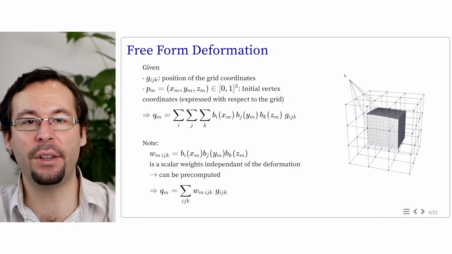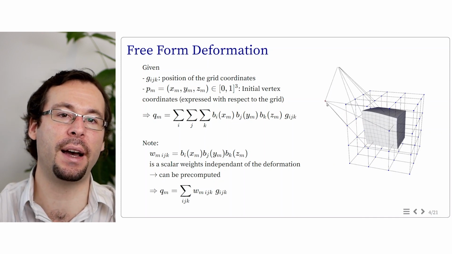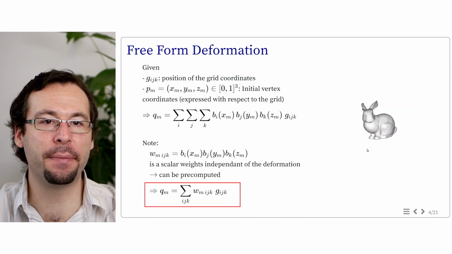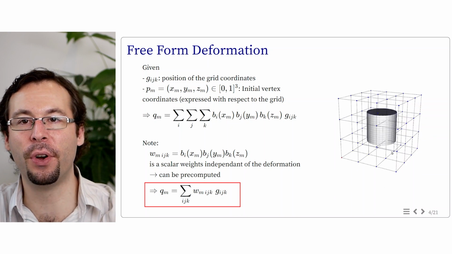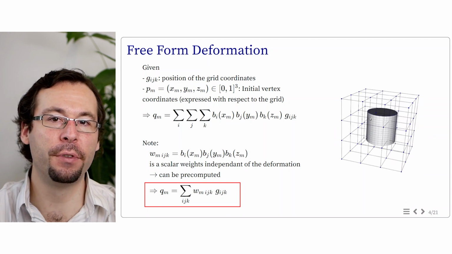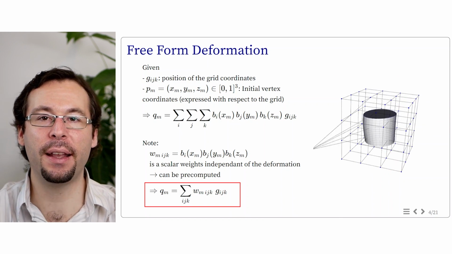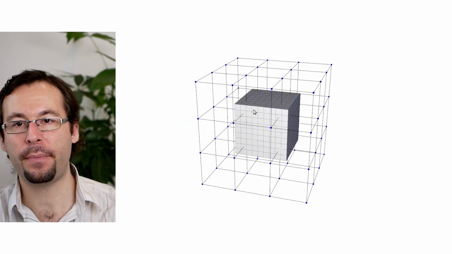So this part can be pre-computed to avoid having to evaluate it at runtime. And at the end, the actual evaluation can be seen as Q of m given by the sum over ijk of the weights depending on ijk and m, times the grid position G of ijk.